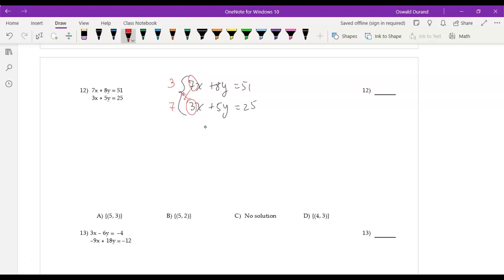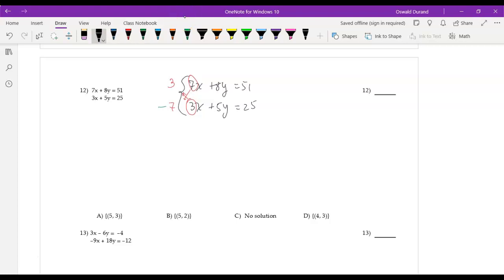We need these two terms to be what? Opposite. So one of the multipliers, 3 or 7, has to be negative, right? So here we want to make sure that one of them is negative. It doesn't really matter which one. It could be negative 7 or it could be negative 3. Doesn't matter. One of them has to be negative.